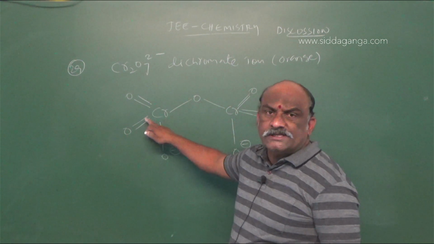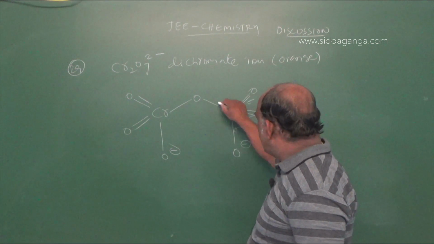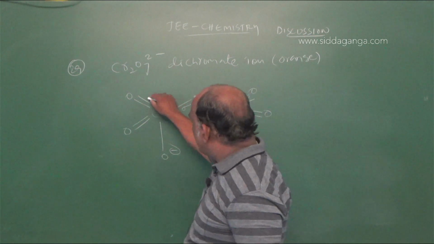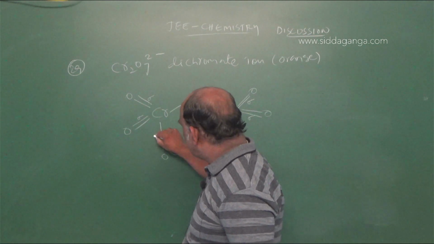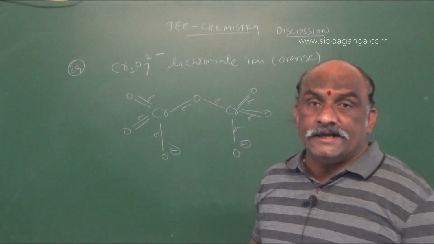In a double bond, there is one sigma and one pi bond. So these are all sigma bonds. The total number of sigma bonds is 8.